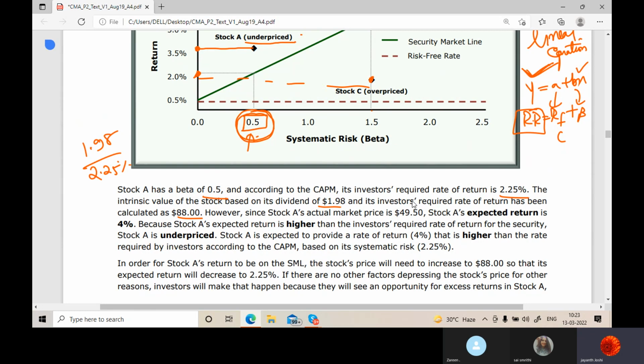So it seems what they have calculated is, with the given risk we have here, the return should be 2.25, and with this particular return and the dividend we are expecting, the stock value should be 88. Okay. However, just a second.